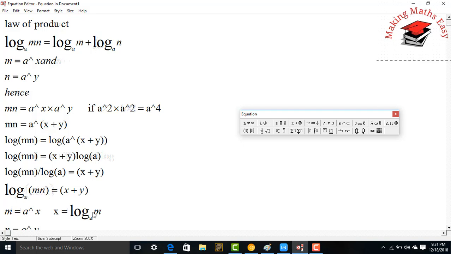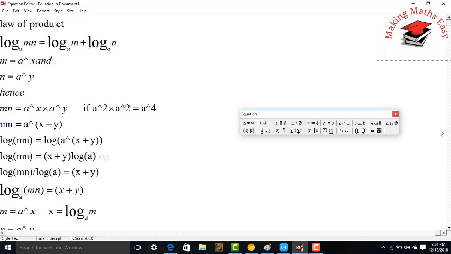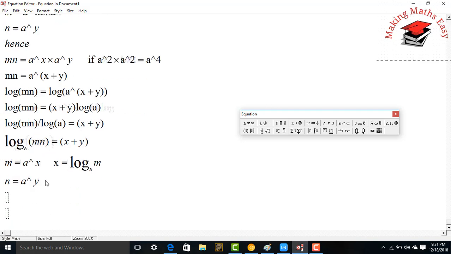Okay, and the value of y, again the value of y will be equal to log of n base a.